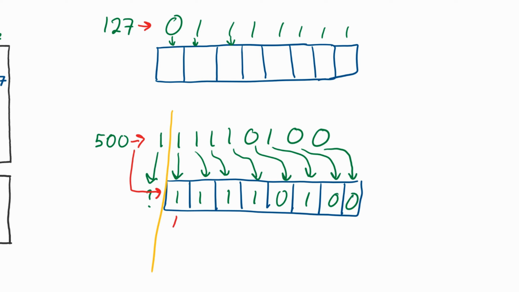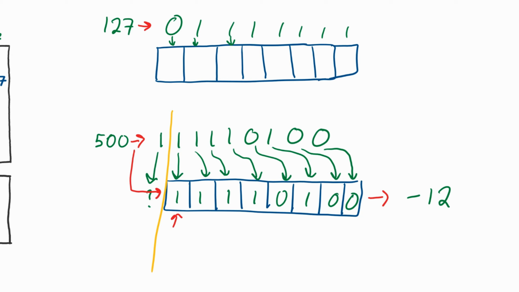This is the sign bit, so this number is supposed to be a negative number, represented in 2's complement, like we explained in the previous video. This number is actually negative 12. Certainly 500 is not negative 12.